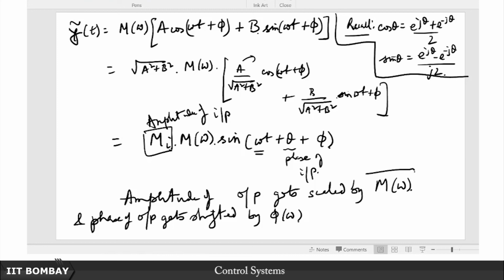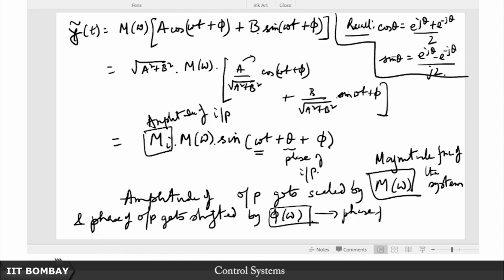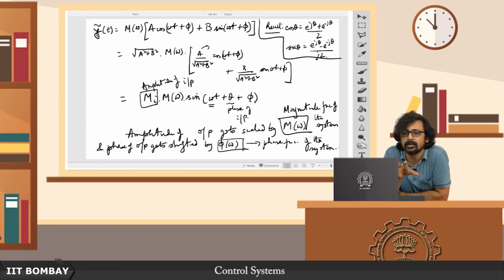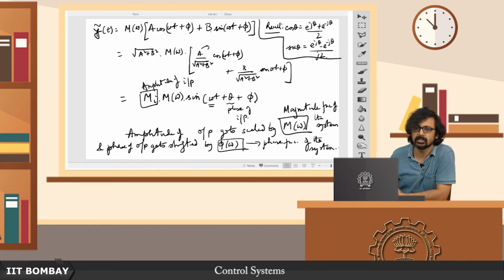So this is the magnitude function of the system, and this is the phase function of the system, alright. If you know what the magnitude function and the phase function's value is at a certain frequency, then you know exactly what will happen to a sinusoidal signal of that frequency when it is applied to a linear time invariant system.